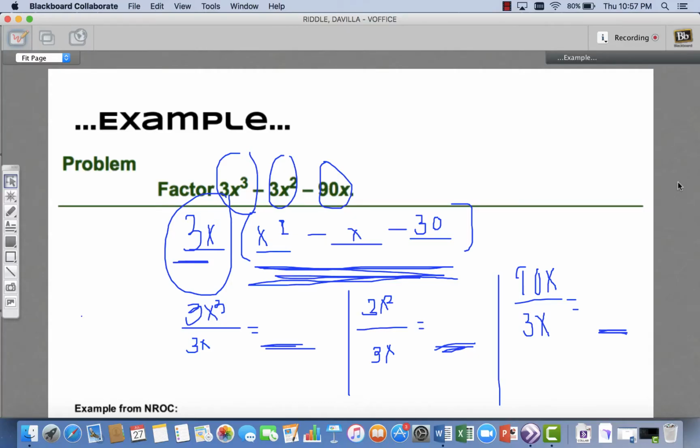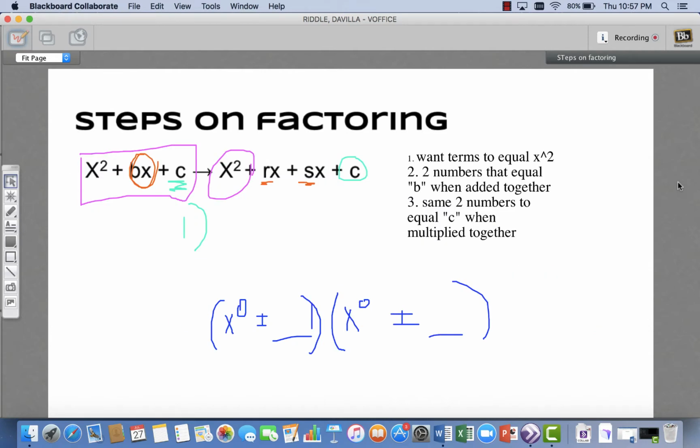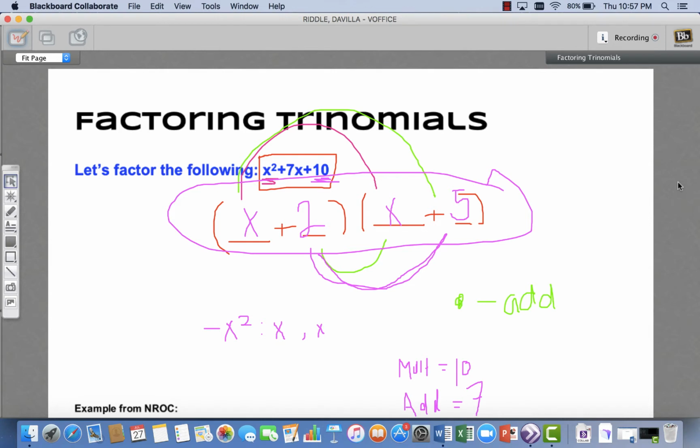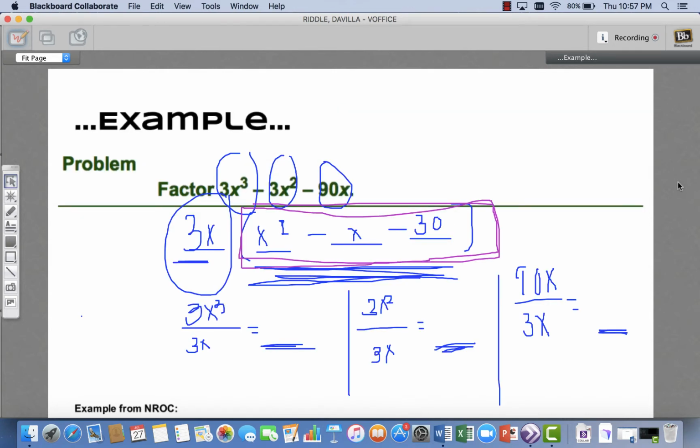Now that we have this, we can focus purely on all the variables and numbers in this set of parentheses. So remember how we did factoring like this over here? We can also do that to this set of parentheses now.